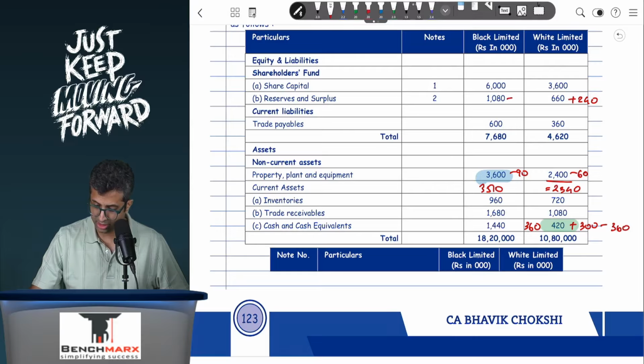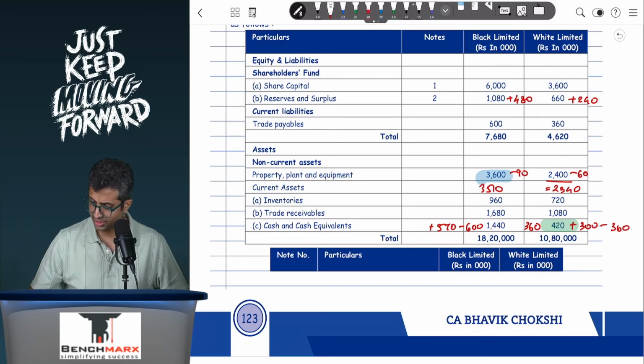Further, there was a 480 profit after depreciation, but 480 plus 90 would be 570 cash flow. Your cash will increase by 570 and 10% dividend, so minus 600. 1440 plus 570 minus 600. So can I say this is 1410?